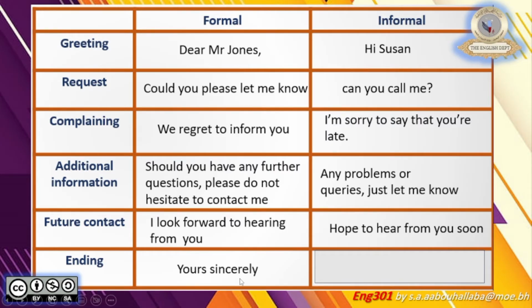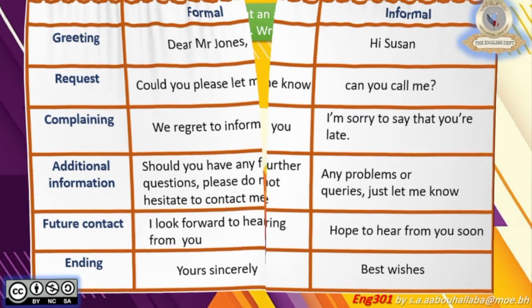So it is usually yours sincerely. But if you are ending informally, it would be best wishes, love, cheers, bye. All these will be accepted. I hope now you have a clear idea about the differences between formal and informal greetings, requests, and so on. If you need to read it more, please pause here, look at it carefully, and then continue.